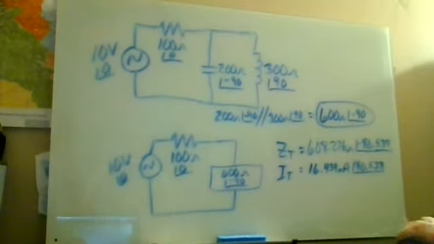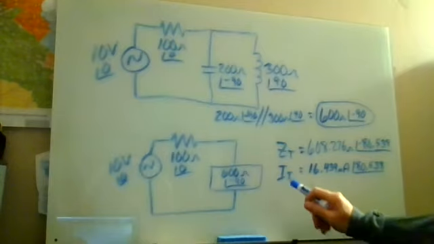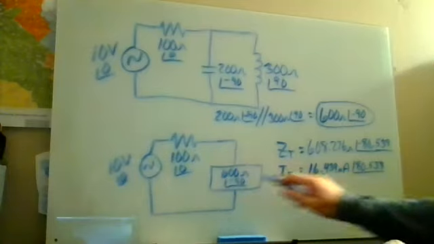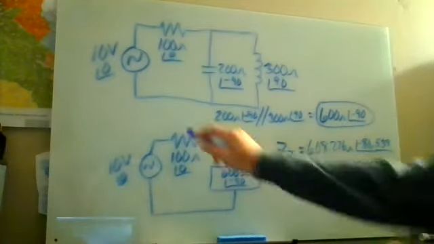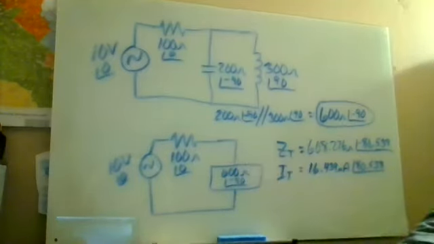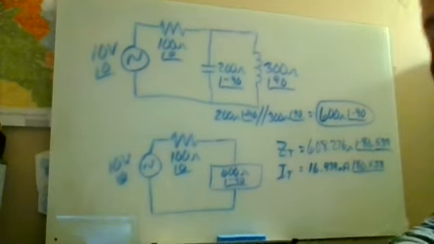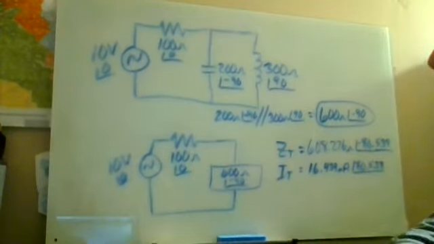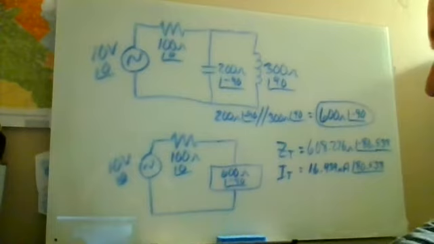So now I'm going to either use Ohm's law, I times Z, to get my voltage drop, or since it's a series circuit, I can use my voltage divider rule, whichever one you prefer.